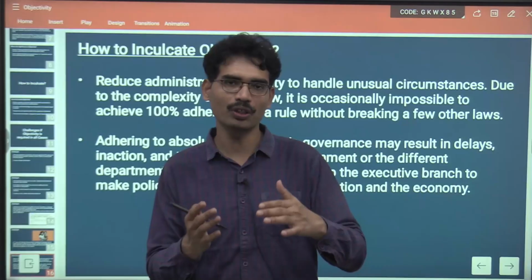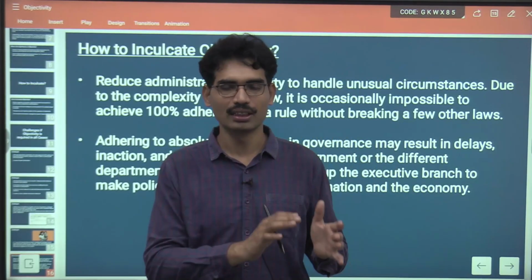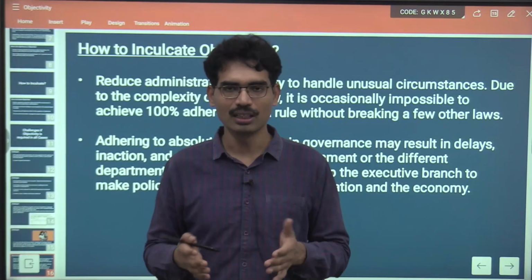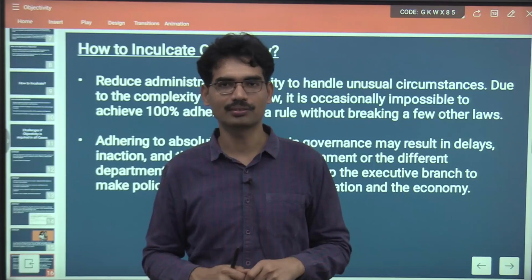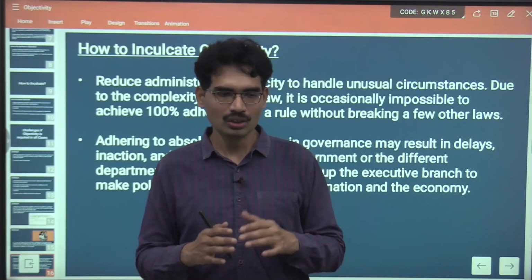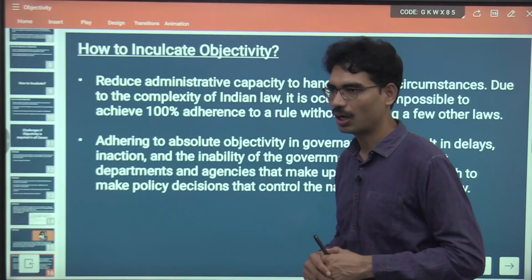Then does it mean we go back to the authoritarian? No, that is even more dangerous. That's why every system has its own advantages and limitations, but how to achieve the overall objective of the country and how to minimize the loss of lives has to be taken care of very carefully when it comes to objectivity.